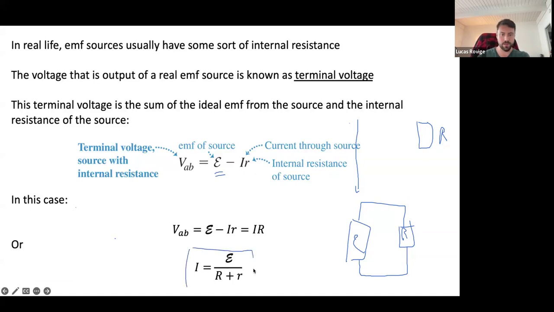It seems like, instead of having the lone resistance in our system, we have a small resistance associated with our EMF source.